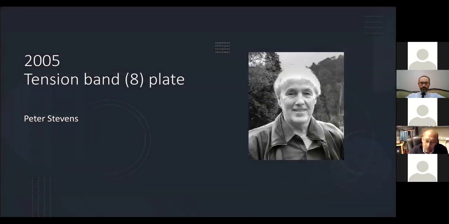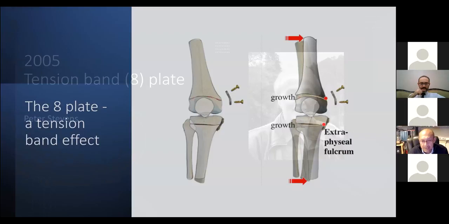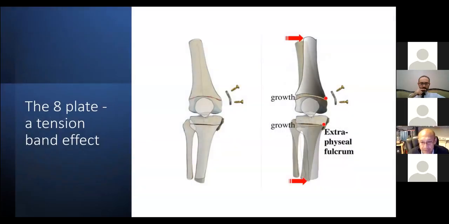Now, I will come back to staples a little bit later on because much of the work done by Blount still has great relevance for guided growth users today. But Peter Stevens, in 2005, introduced a much less invasive and much more user-friendly way of modulating growth. This was the 8-plate or tension band plate. The principle is very straightforward.